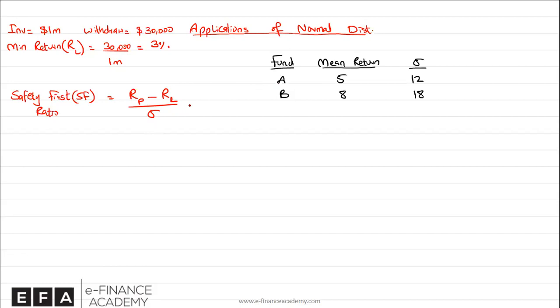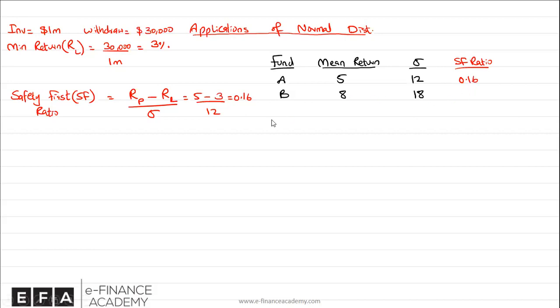If we do the calculation for Fund A, we simply say 5 minus 3 divided by 12. That gives us the safety first ratio for Fund A, which is around 0.16.